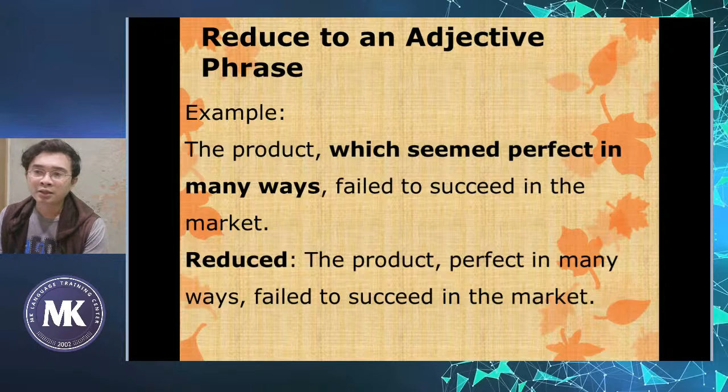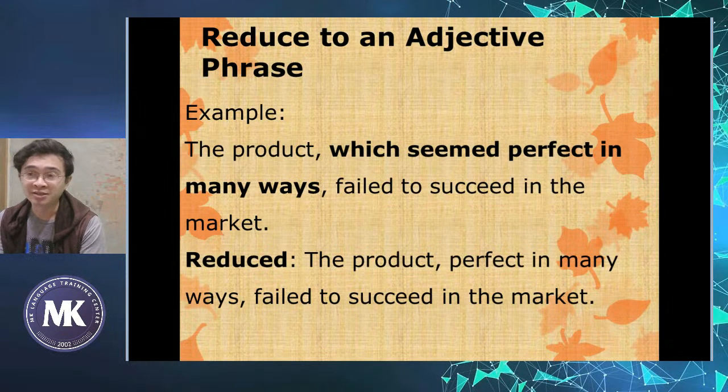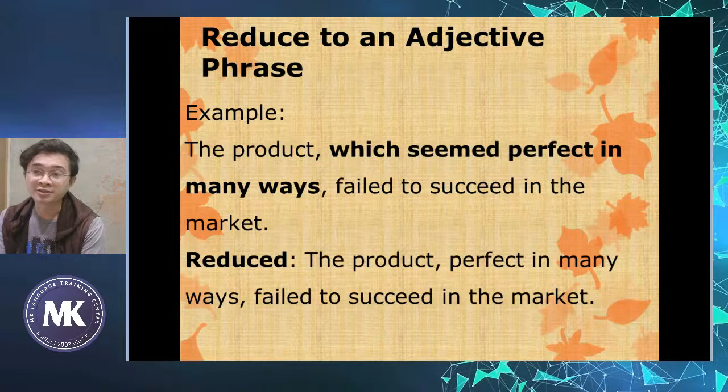Okay, now again, remove the relative pronoun, and in this sentence it is "which," and then also remove the be verb. But in a way we don't have a be verb here. Instead, we only have a sense verb in our sentence, and it is "seemed."